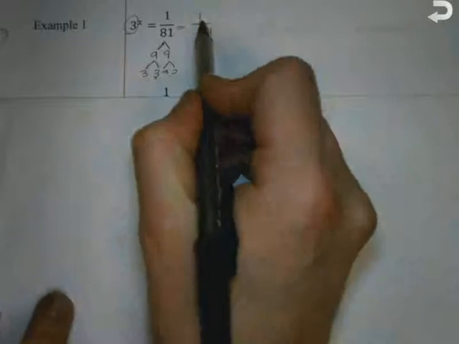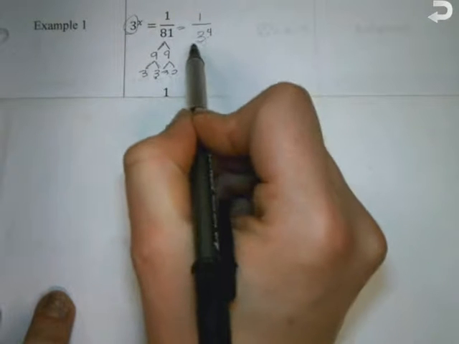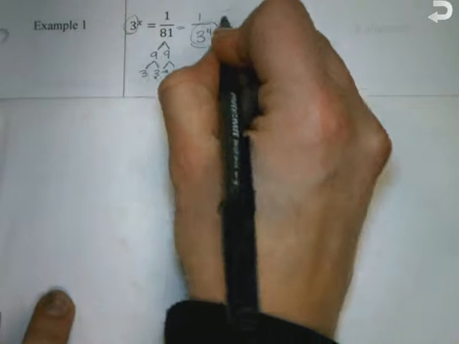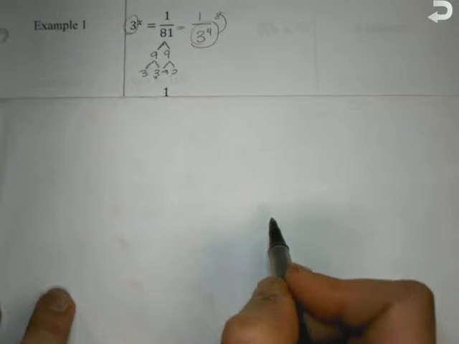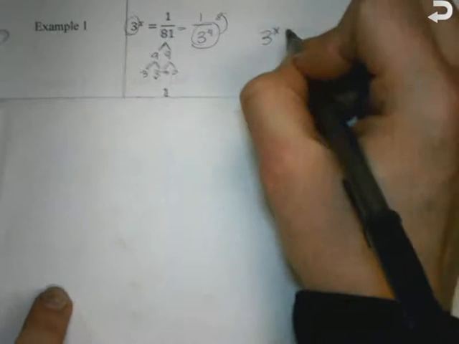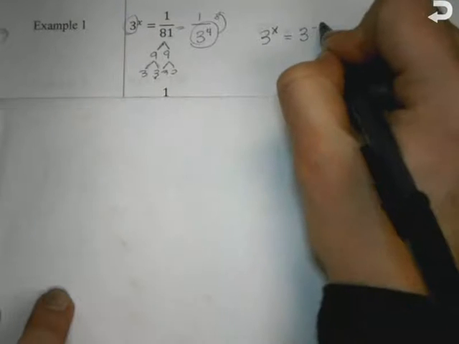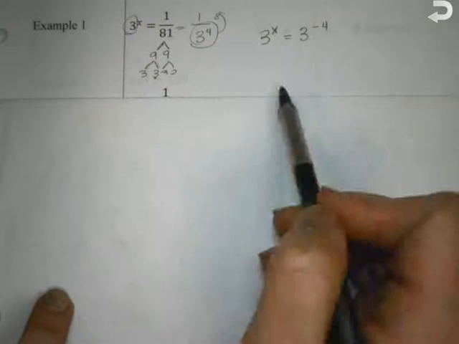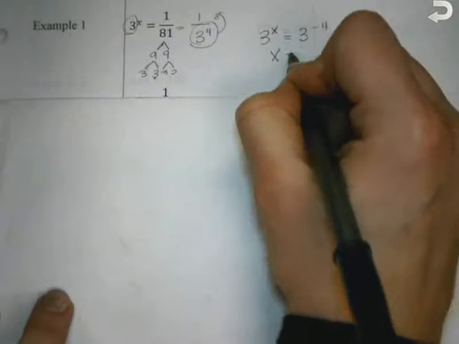No, because this is a fraction. How can I make this a base of 3, not a fraction? We can bring it up, which means the exponent becomes negative. So 3 to the x equals 3 to the negative 4. My bases are the same, so I can drop those bases. So x equals negative 4.